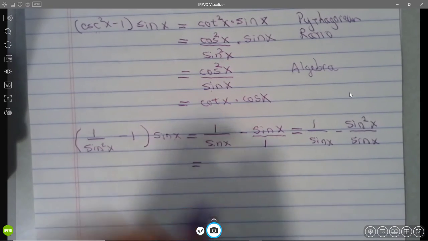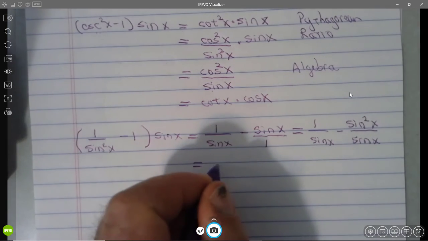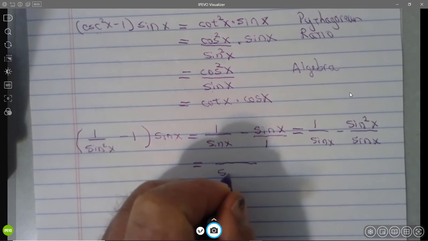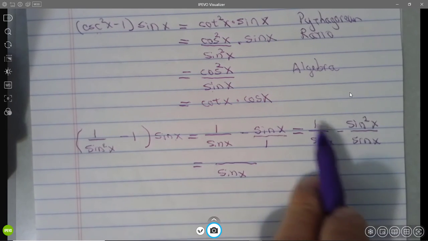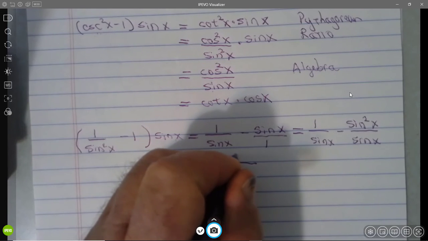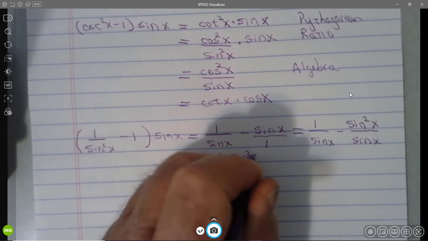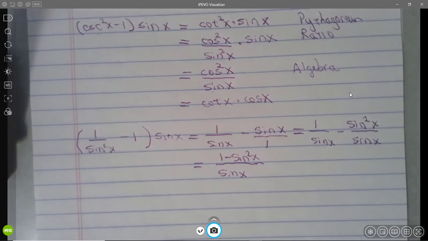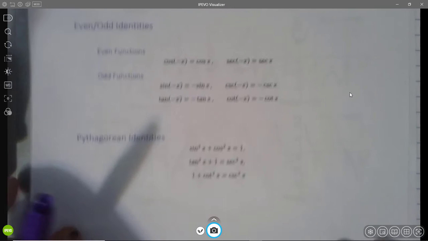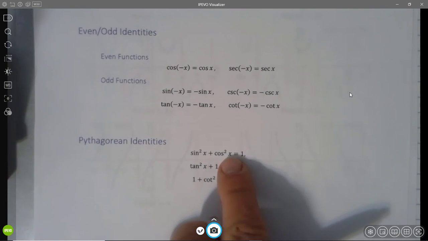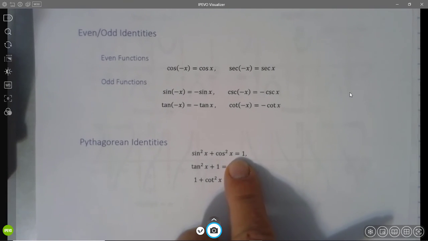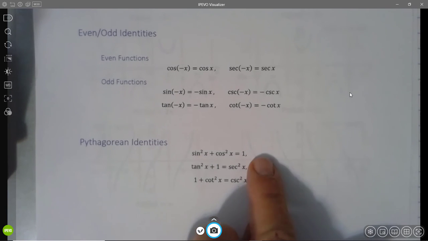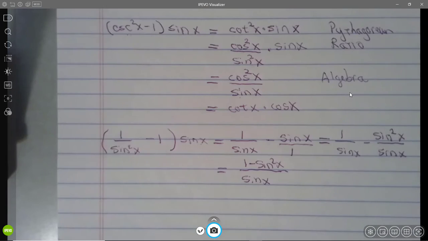Then I can put these together. Now I have a common denominator, sine of x, and 1 minus sine squared of x on top. Okay, now that is this identity in disguise. Sine squared x plus cosine squared x is equal to 1, so that means 1 minus sine squared x is cosine squared x.